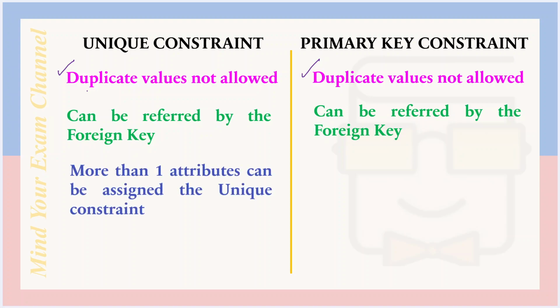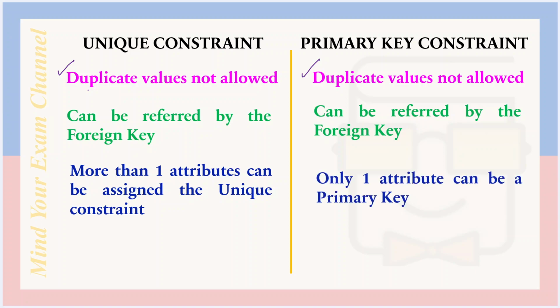Now coming to the differences. In any relation present in a relational database, more than one attribute can be assigned the unique constraint. That means one or more attributes can be storing unique values in the table, but only one attribute will be assigned as the primary key of that relation.